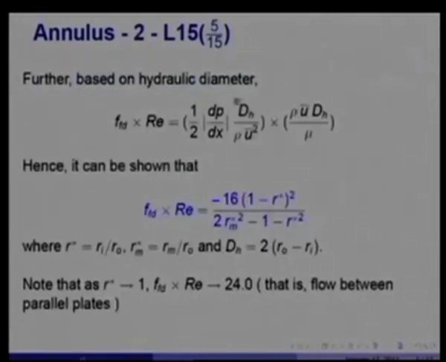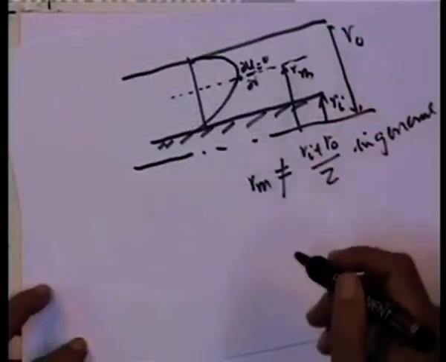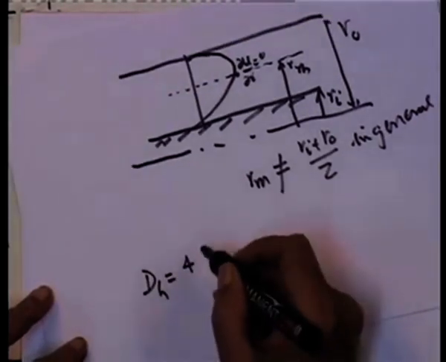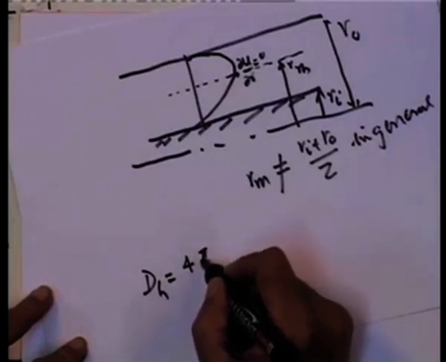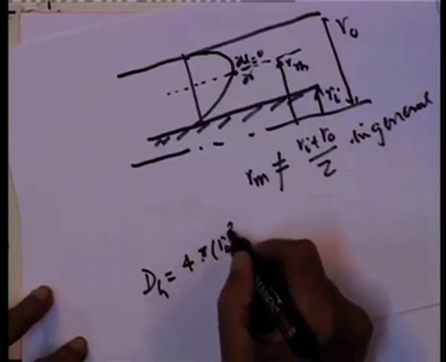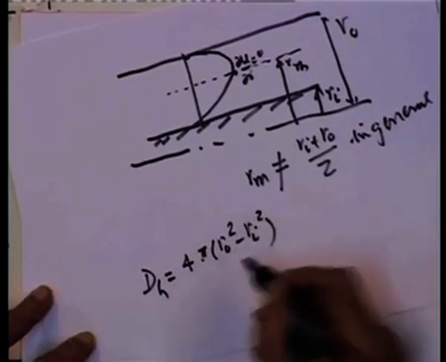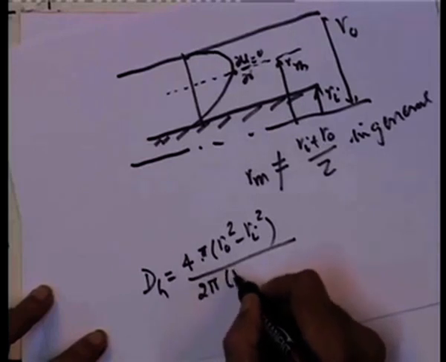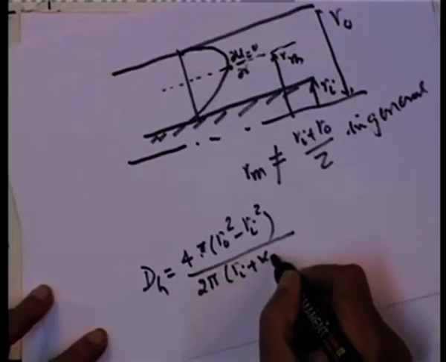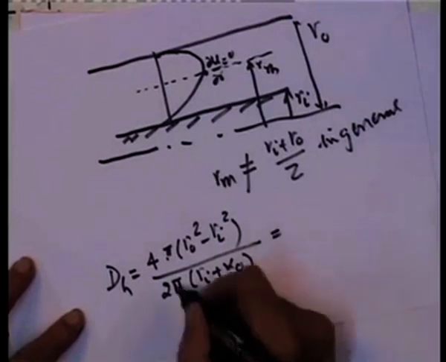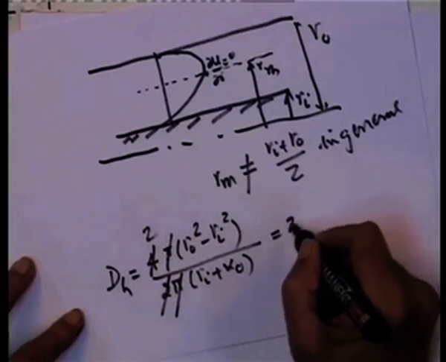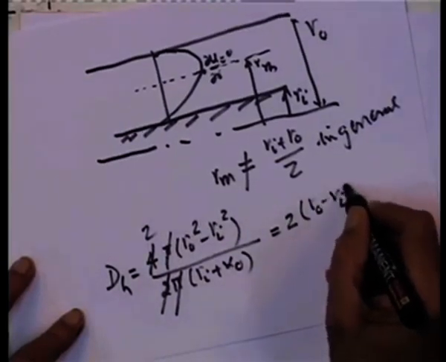Further, based on hydraulic diameter, the hydraulic diameter for an annular duct section will be 4 times the cross-sectional area, pi times (r_O squared minus r_I squared), divided by the perimeter, 2 pi (r_I plus r_O). Pi gets cancelled, which gives me 2 times (r_O minus r_I).